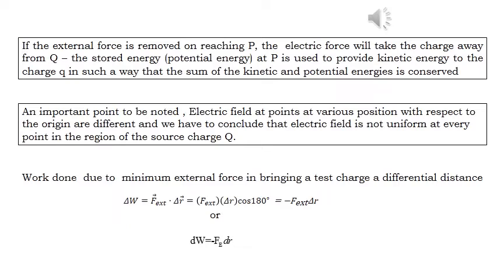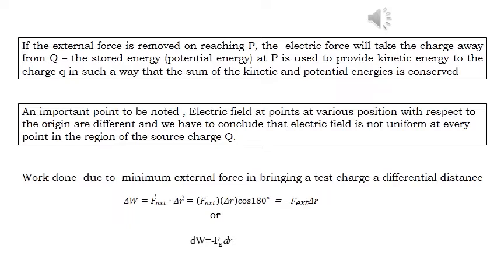In order to integrate, we have to convert delta W into dW and delta r into dr, and the external force is numerically equal to the electrostatic force. So F external is now replaced by Fe.